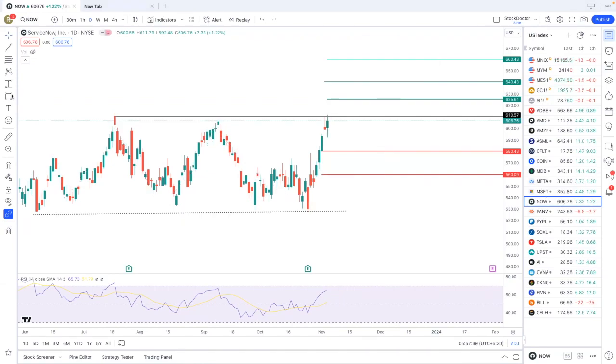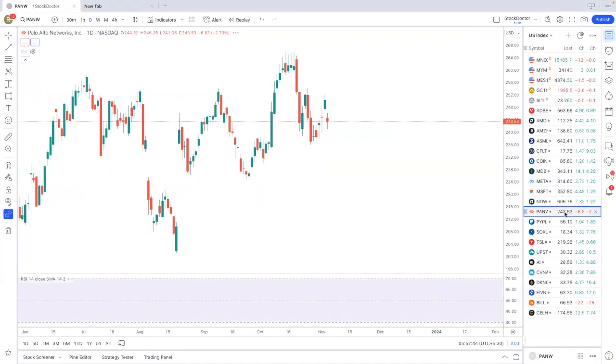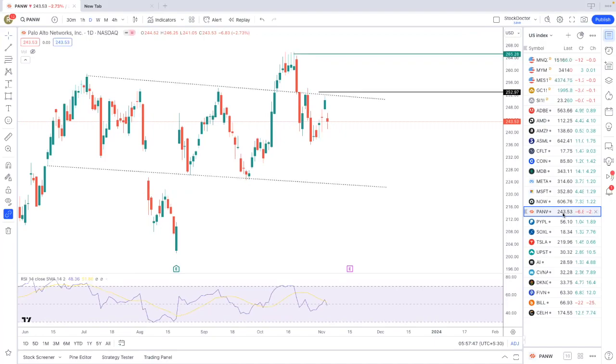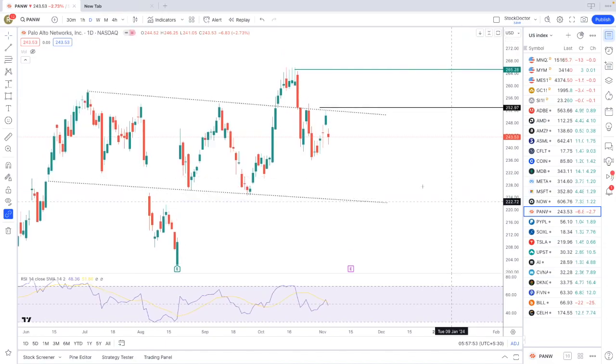Then we have the next stock, that is PANW. So for Palo Alto Networks, I think if it stays above 253 and sustains above that, then it can give one upside of 265. And if it breaks 265, then there is a high possibility to go towards 275 and 290.